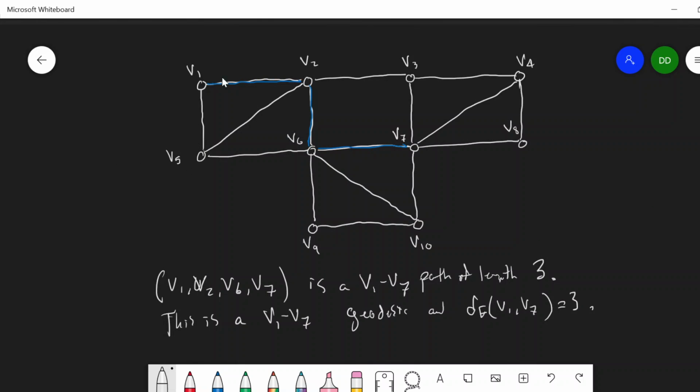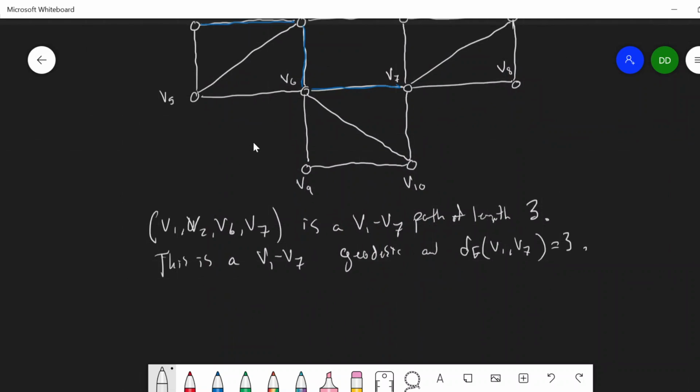You might notice that for anything adjacent to V1, so V2 and V5, it's really easy to find a shortest path because they're adjacent. In particular, V1, V2 is a V1, V2 path of length 1, and certainly we can't do any better than that.